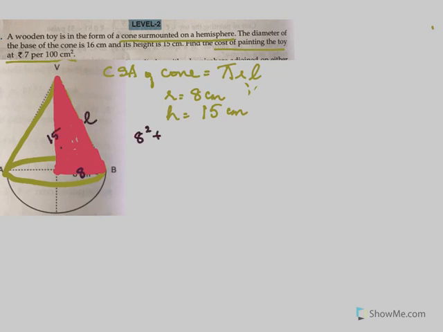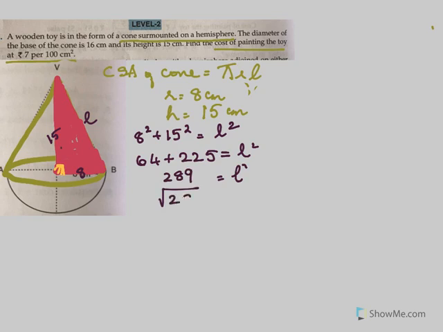So we know 8 square plus 15 square equal to L square, and the 90 degrees is here. That is 64 plus 225 equal to L square. And here we get L square equal to 289, under root 289 equal to L. So L will be 17.